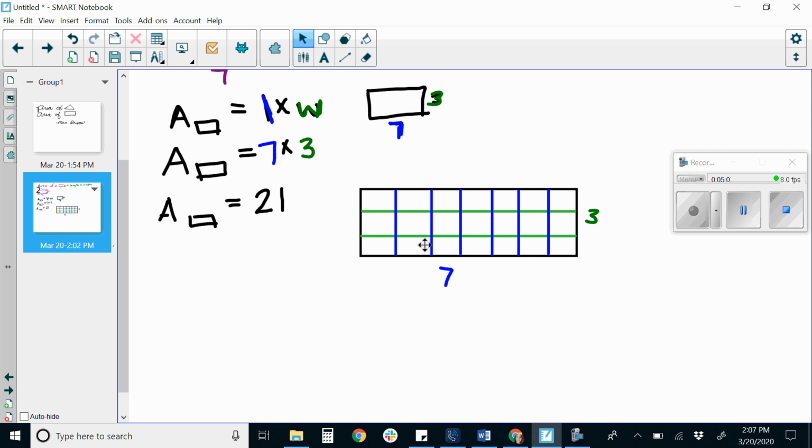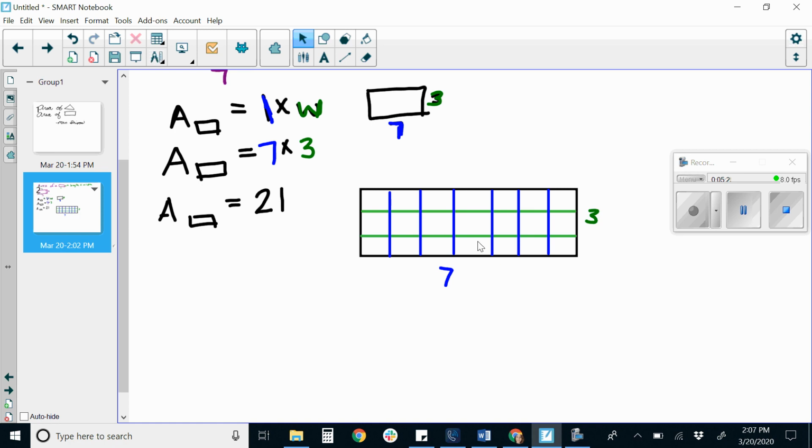So these should be equidistant apart. They're not, but let's pretend like they are for the purpose of what I'm trying to show you. 1, 2, 3, 4, 5, 6, 7. Okay.